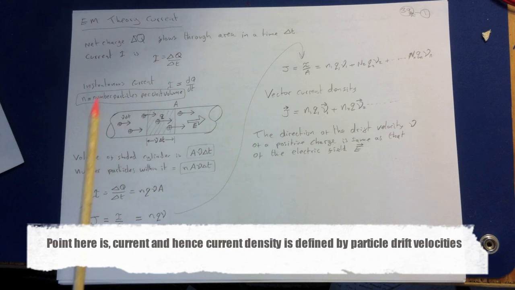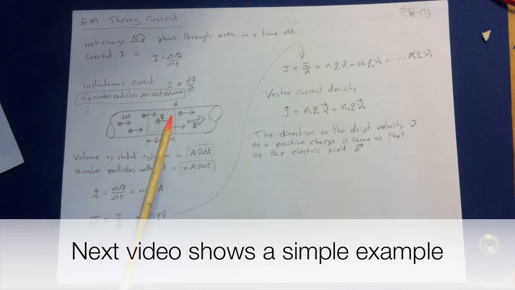The current density is the current per unit area, in amps per meter squared. We can also define a vector current density that includes the directions of the drift velocities. So we can write the current density as a vector if we treat each of these velocities as vector quantities.